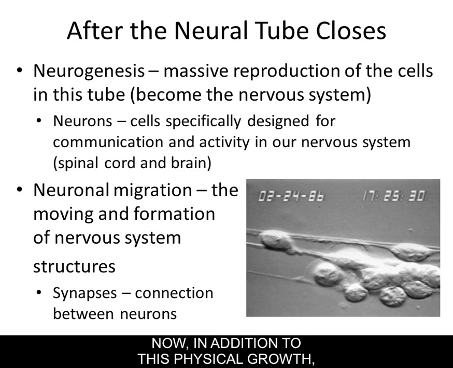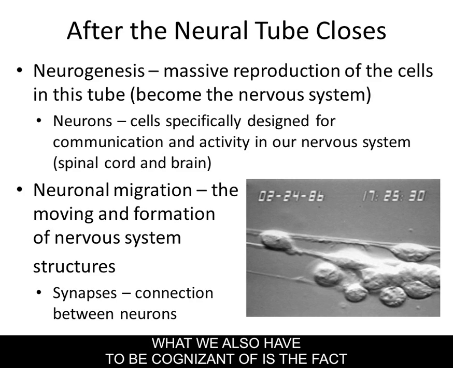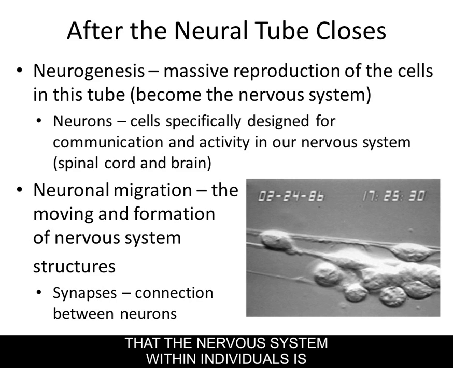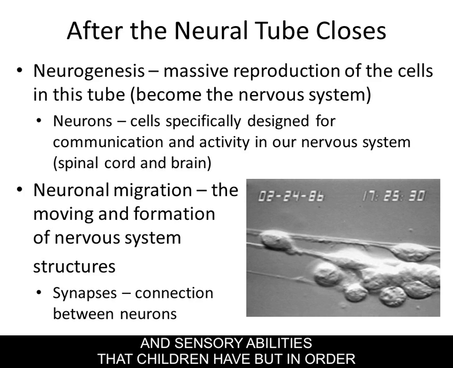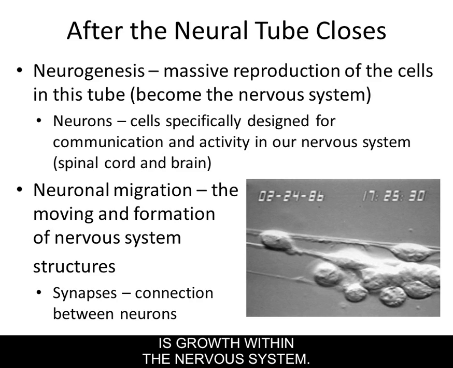Now, in addition to this physical growth, especially in the later stages of development, what we also have to be cognizant of is the fact that the nervous system within individuals is constantly growing. We've mentioned some of the basic motor and sensory abilities that children have, but in order to do that, what has to occur is growth within the nervous system.